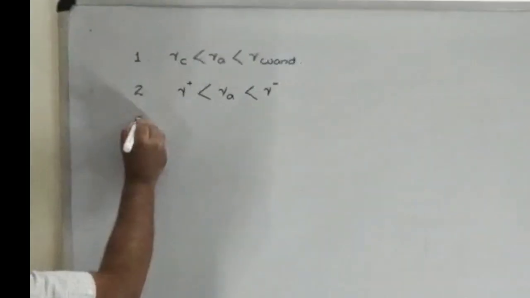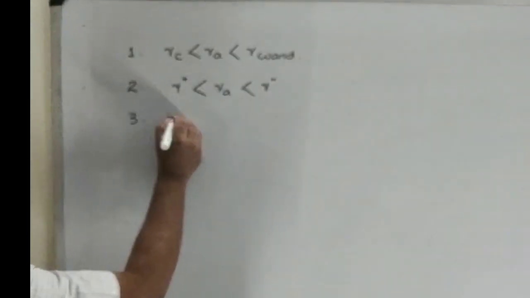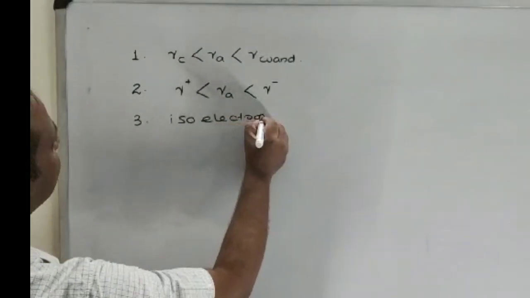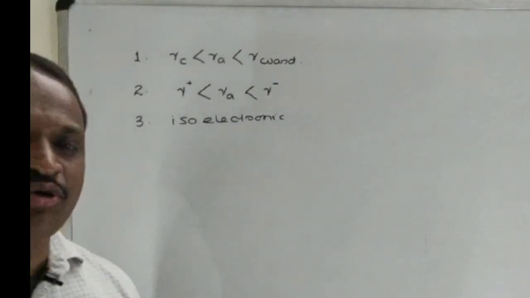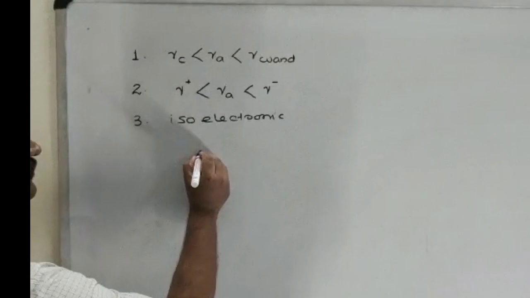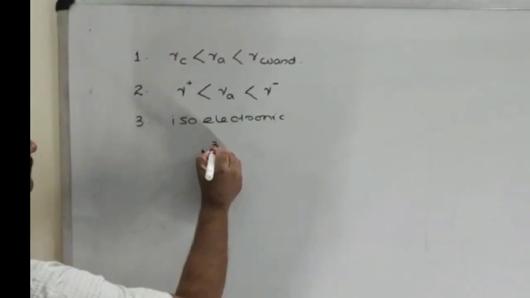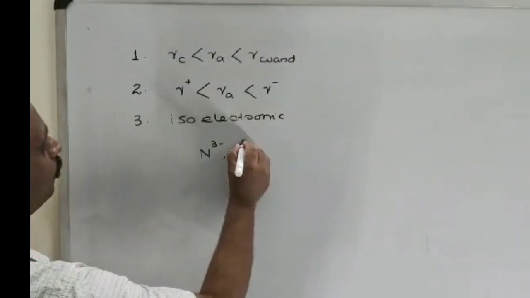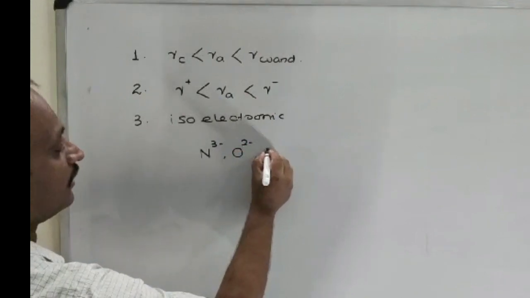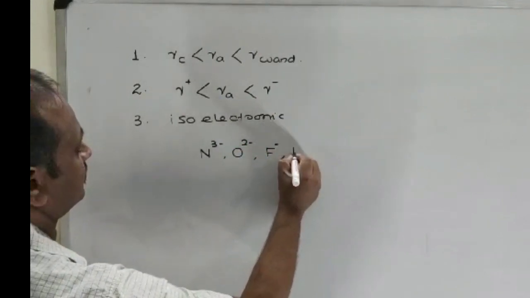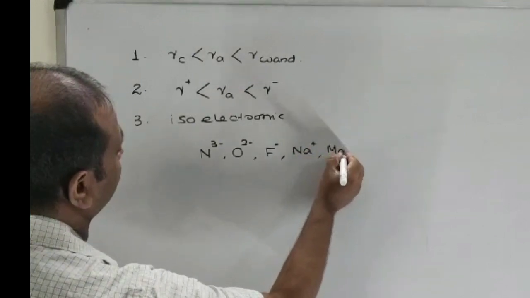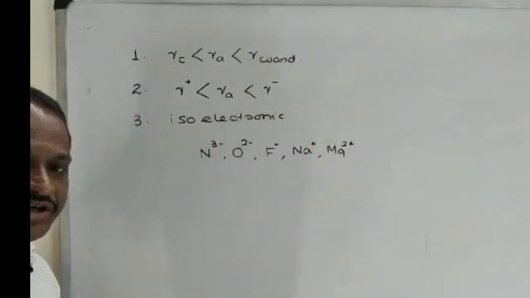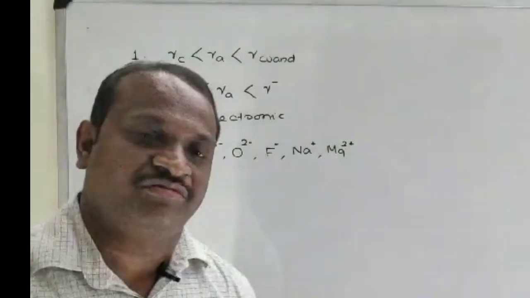Next, regarding the isoelectronic species. I'm just writing some isoelectronic species here. First of all we have N3 minus. What is next? O2 minus. Next F minus. Next Na plus. Next Mg2 plus. I have written some isoelectronic species.